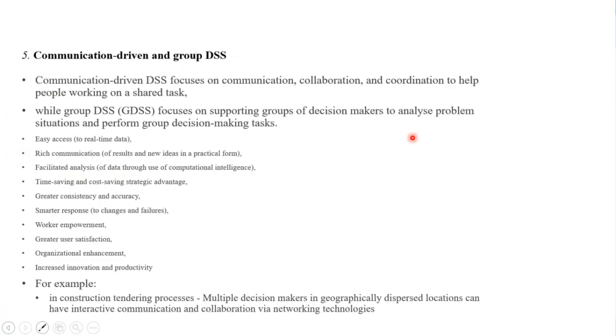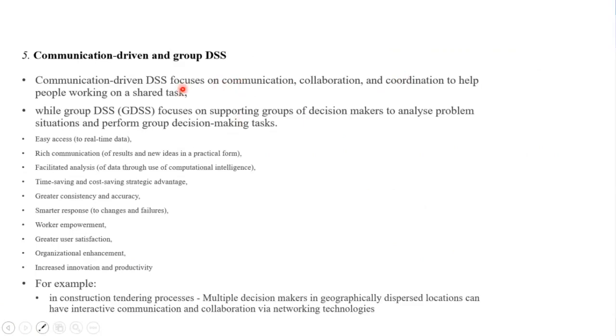Then the fifth one is communication-driven and group DSS. This kind of decision support system has the component of communication and collaboration, which is to help people working on a shared task.